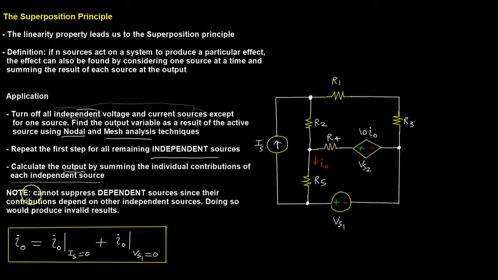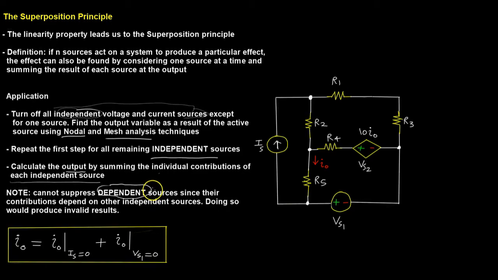Now, a particular note is that we cannot suppress dependent sources. The reason we can't do that is because their contributions depend on independent voltage or current sources, and if we suppress them, we're not accurately accounting for their effect in the circuit.